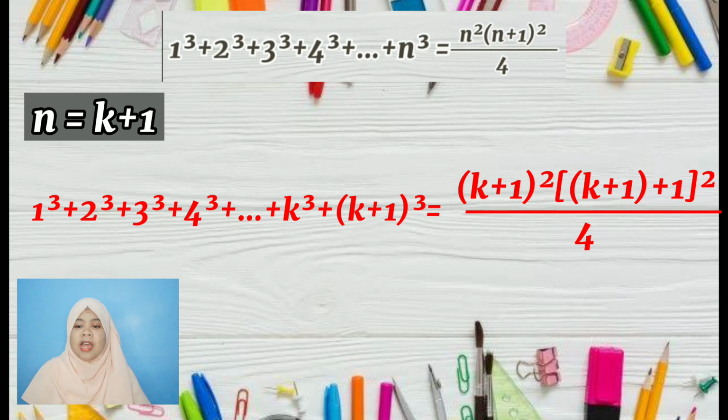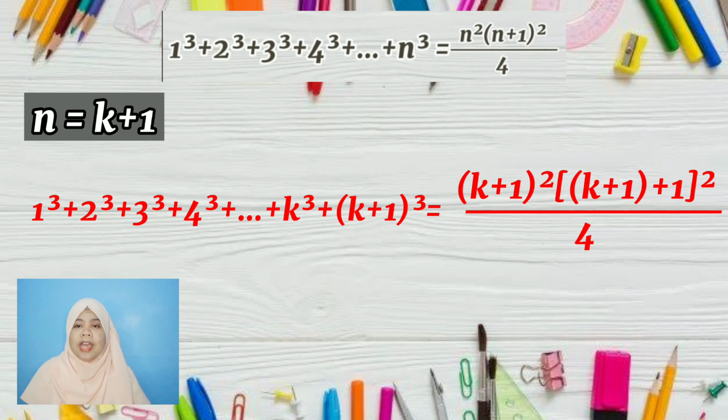So it becomes (k plus 1) cubed. On the right side, every k we see will change into k plus 1. So we have (k plus 1) squared times (k plus 1 plus 1) squared all over 4.